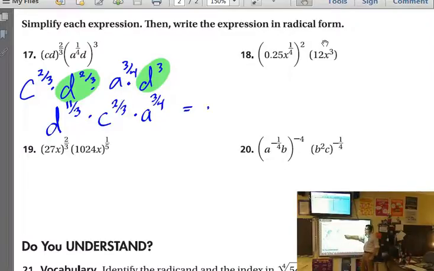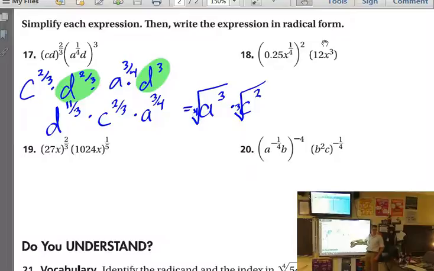So if I do my A first, A has a power of 3 but a root of 4. C has a power of 2 but a root of 3. And D is the cube root of D to the 11th. Any questions there?